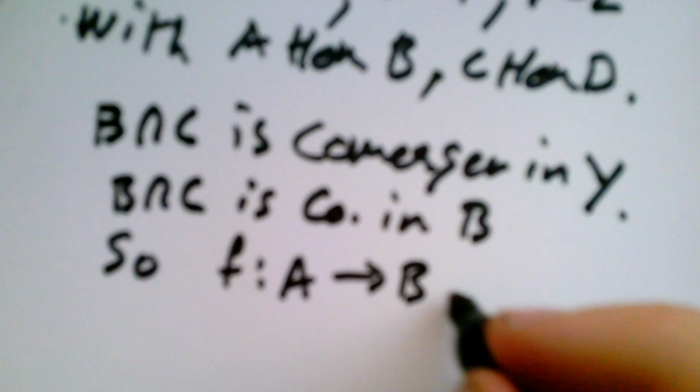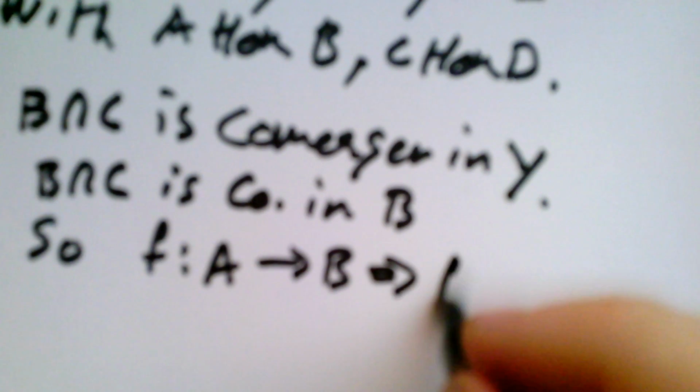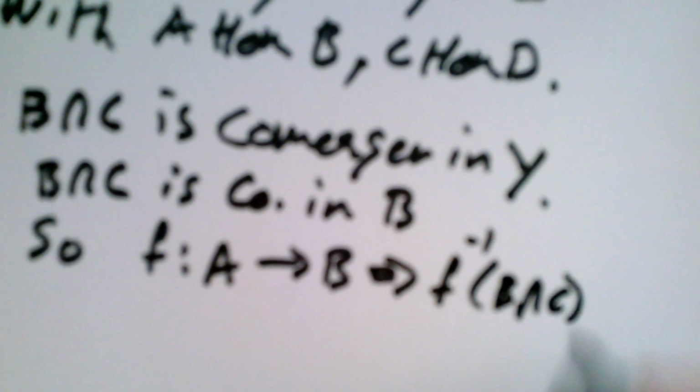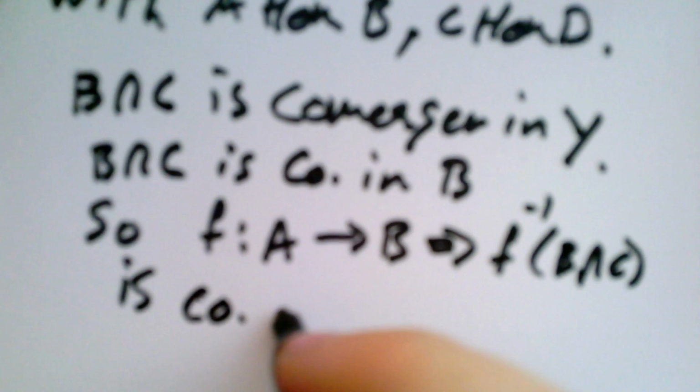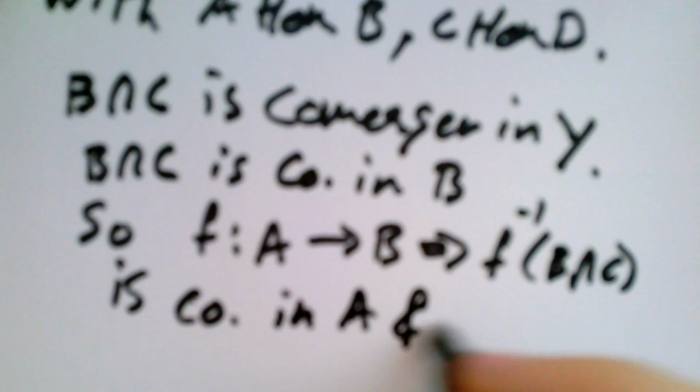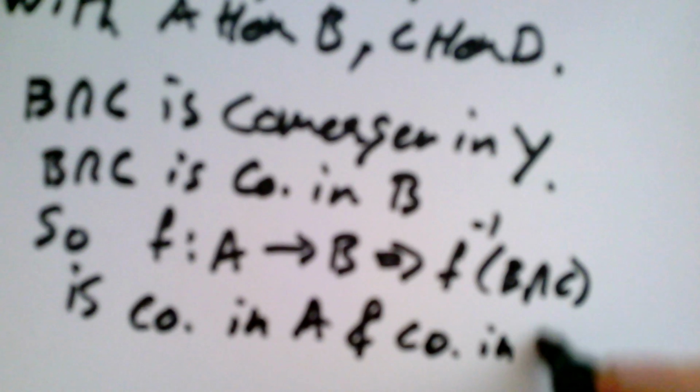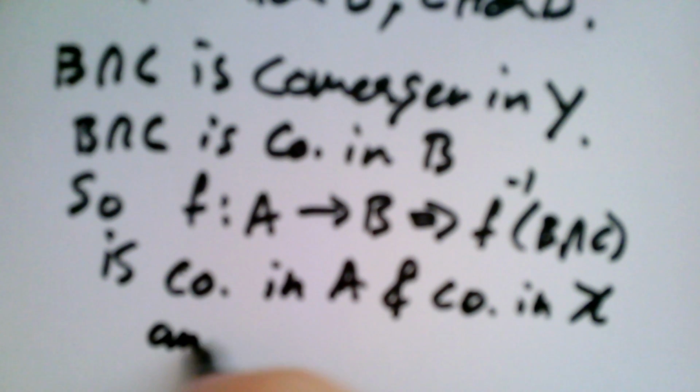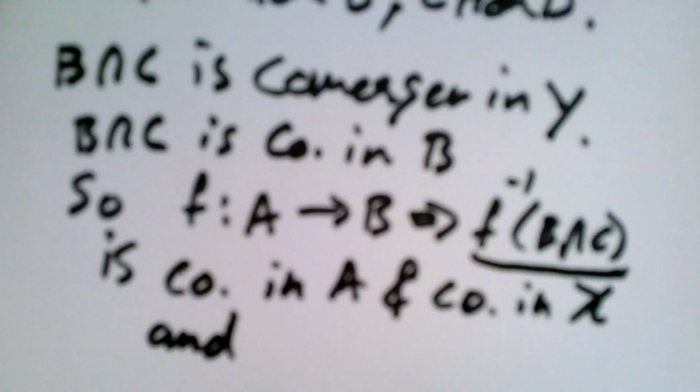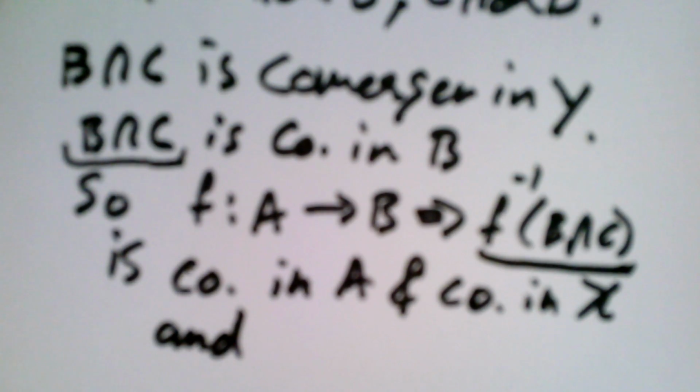We're going to give it a name, F. This implies that F inverse of B intersect C is comeager in A and comeager in X, and this is a comeager subset of X that is homeomorphic to this comeager subset of Y. So that means that we can now use this B intersect C to construct in the same way.